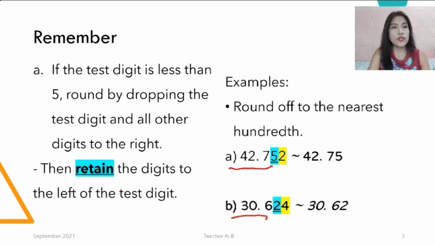Just drop off the 4 and then copy the number to be rounded off, which is 2, and copy the other numbers, which are 30 and 6. So when you are asked to round off, the answer would be 30.62. Next one.